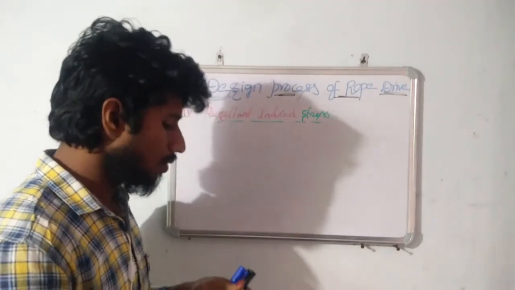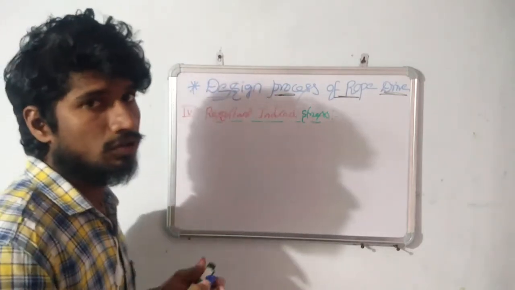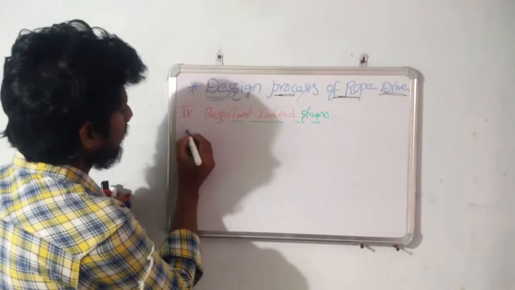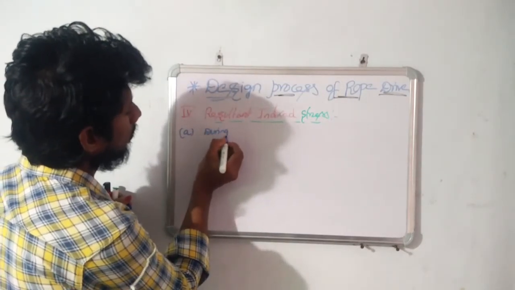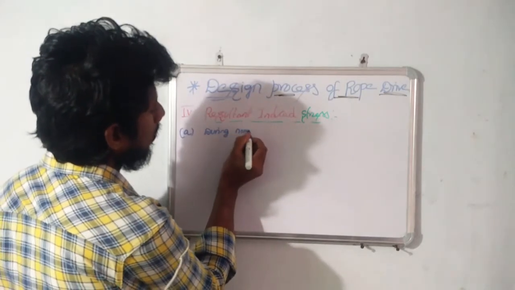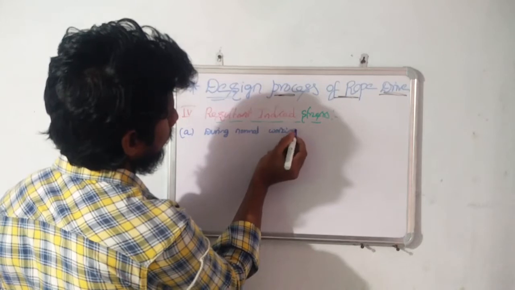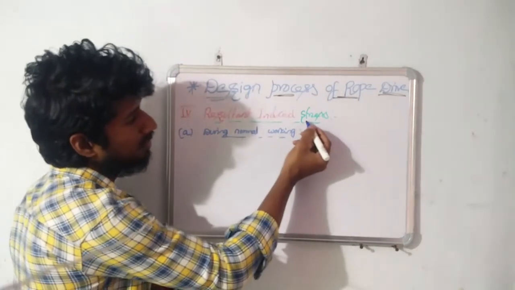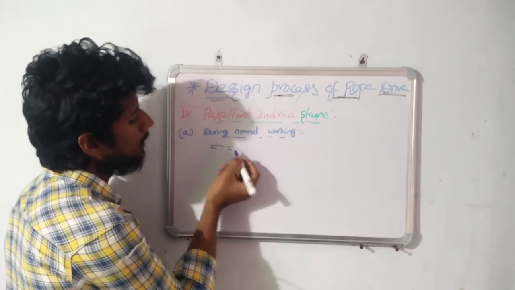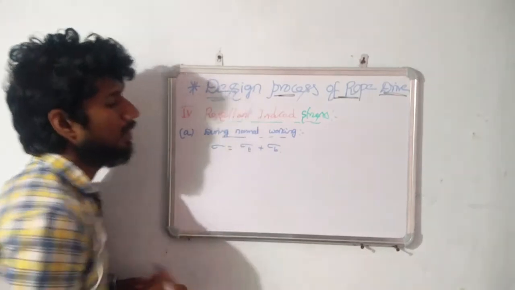Here also we have 3 conditions, same as what we discussed in the effective load condition. The first one is during normal working. During normal working, we are going to find out the stress, sigma equals sigma t plus sigma b.